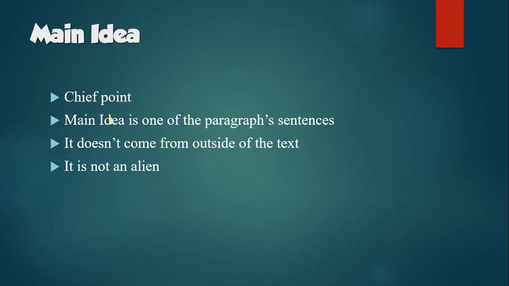It is not an alien or a foreigner, but it is situated exactly inside the paragraph that you are reading. So the main idea is one of the paragraph's sentences. And that sentence in which there is a statement of main idea is called the topic sentence.